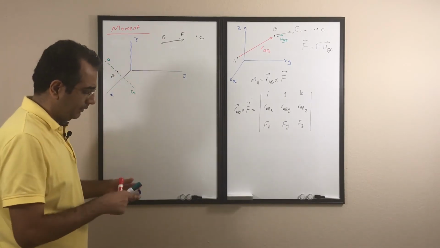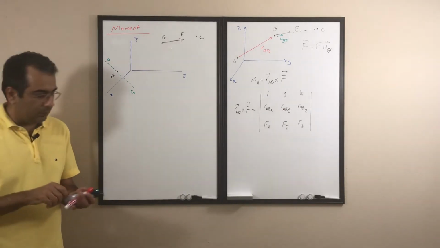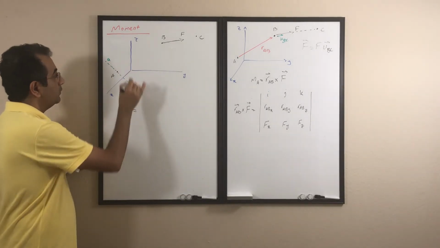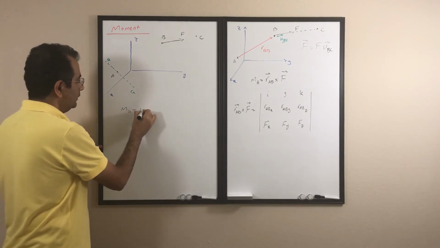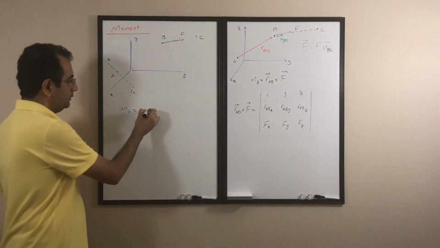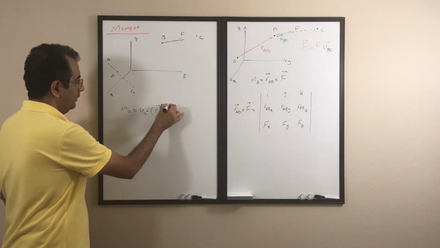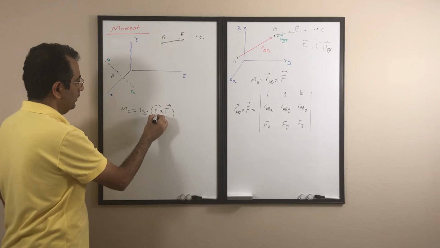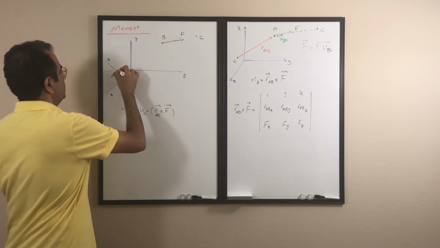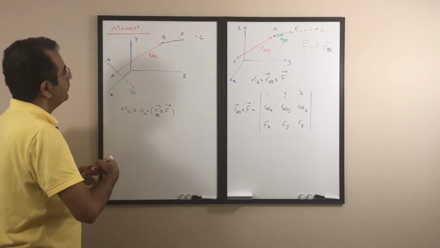It's very similar to what we had here. This time the moment of F about that axis is the unit vector about that axis, dot product, R cross product F. And the R here is going to be RAB.